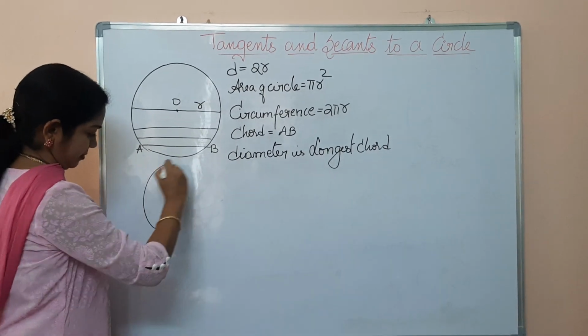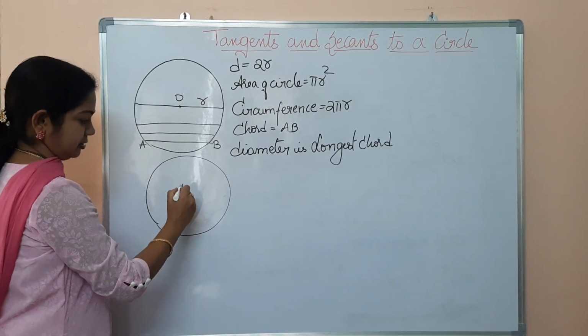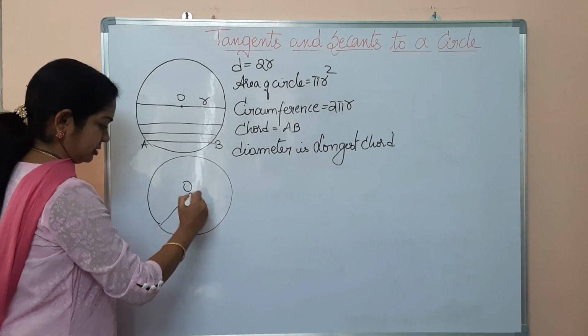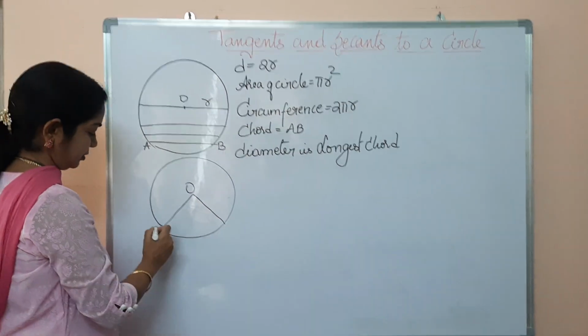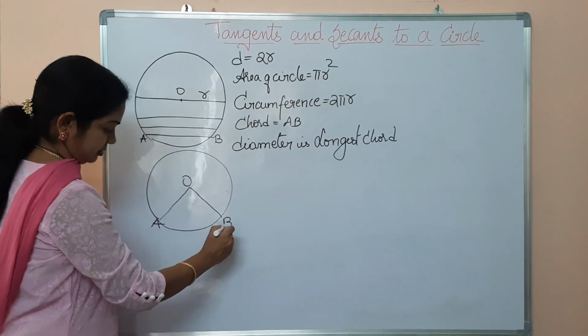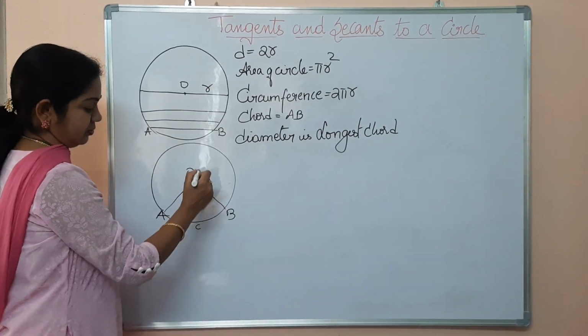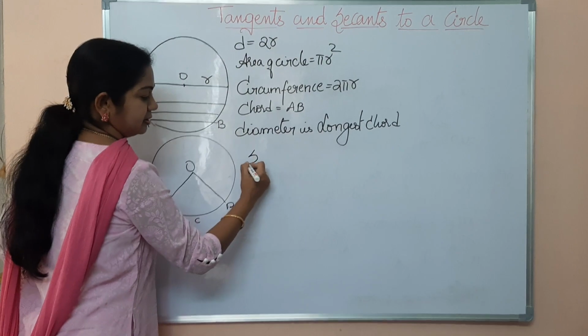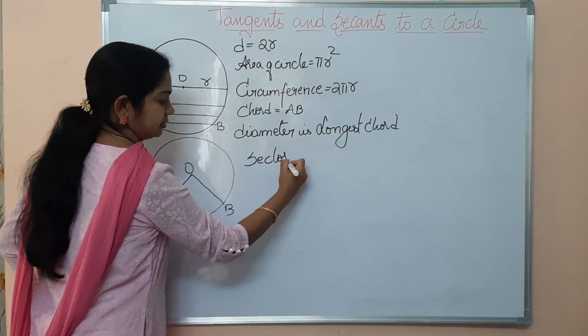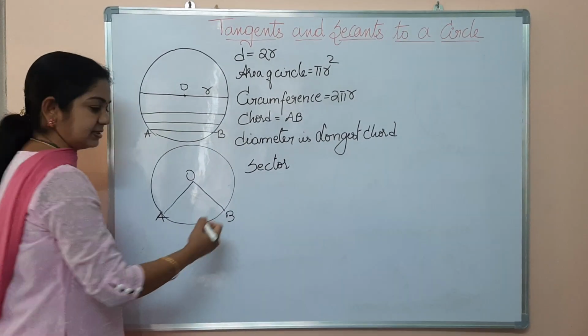And let's take one more circle, center O. And this is a part of a circle. We know that. The arc ACB, the center O. This is the sector. You know this in the previous classes.